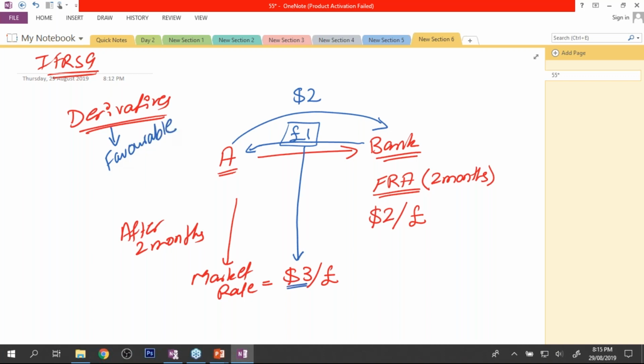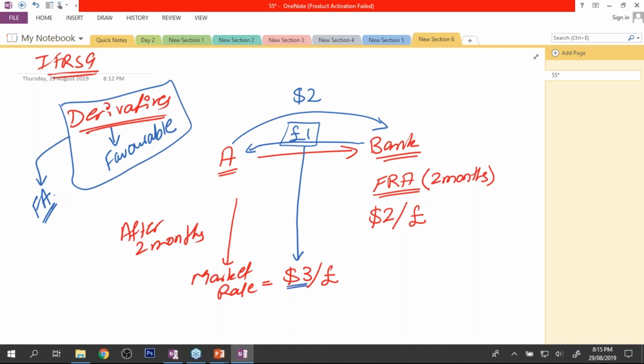Getting the point, everyone? So any derivative which is favorable to us is called a financial asset. Getting this now? Yes, Sam, we can say that. SBI has got the point.